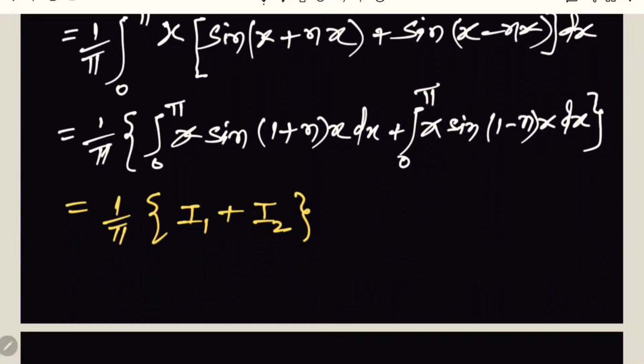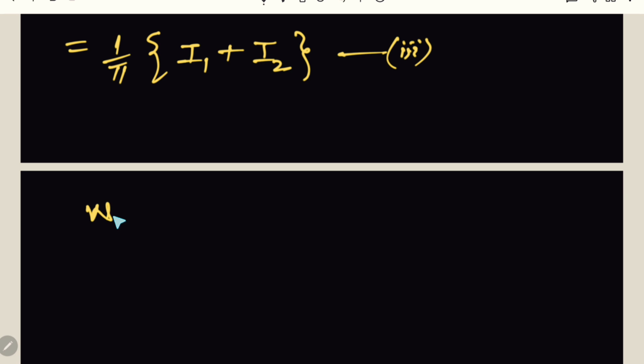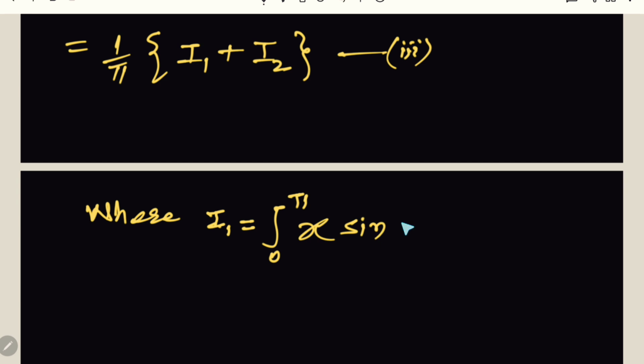Numbering is very, very important, where we have to obtain the values of I1 and I2, where I1 is given by integration from 0 to pi x sine of 1 plus n times x, and its integration with respect to x.